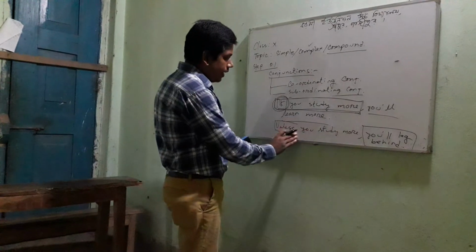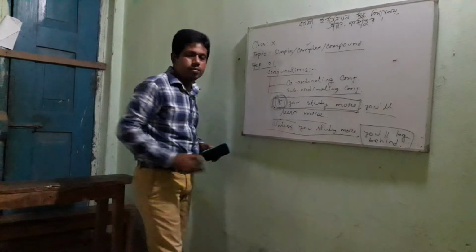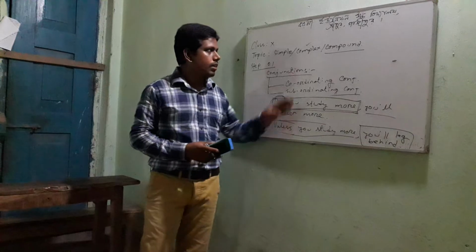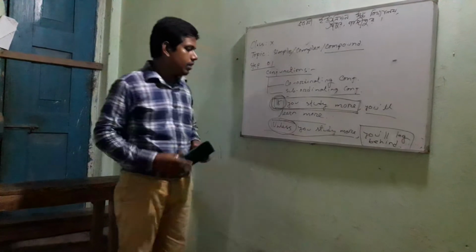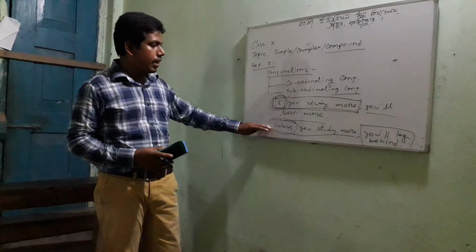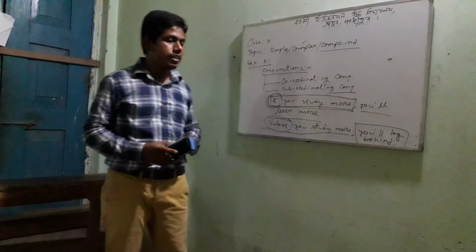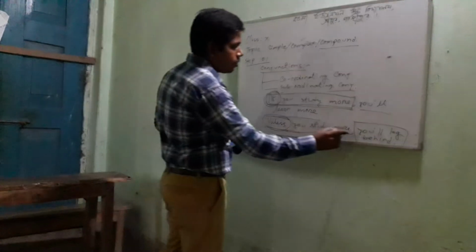But if you add "unless", then this part loses its ability to express its meaning. This is why this is a complex sentence, because "unless" is a subordinating conjunction, and by using "unless", this part loses its ability to express its meaning.